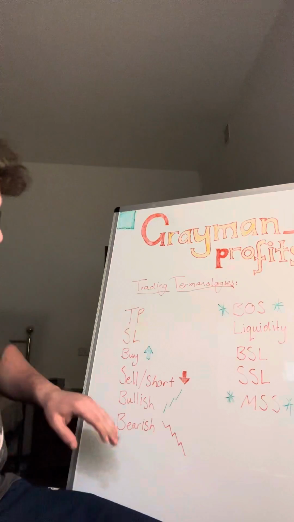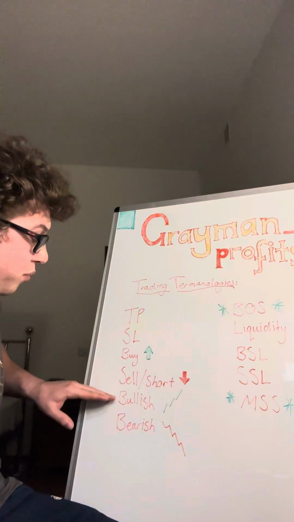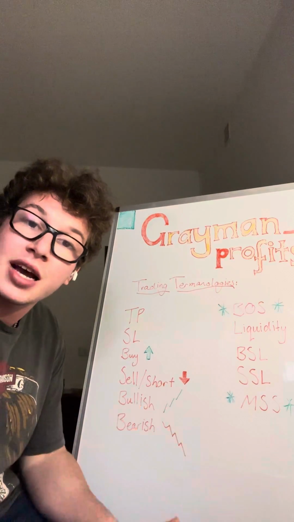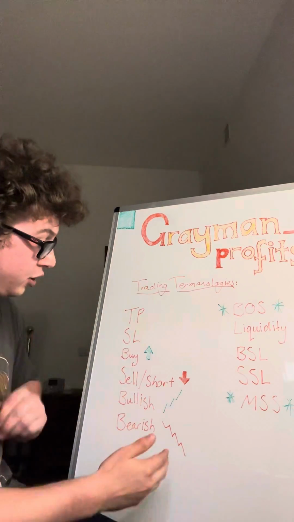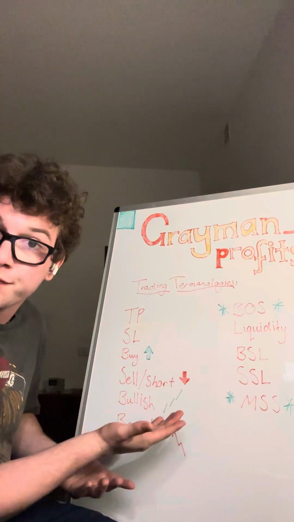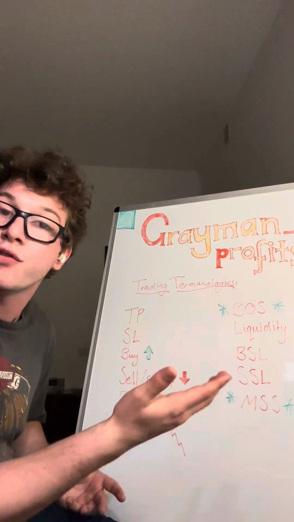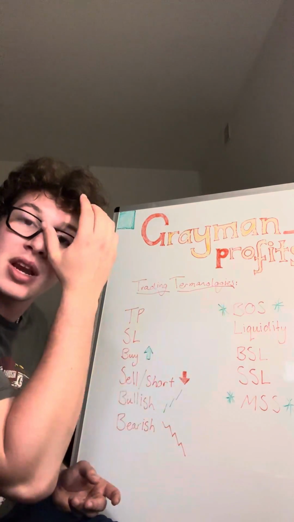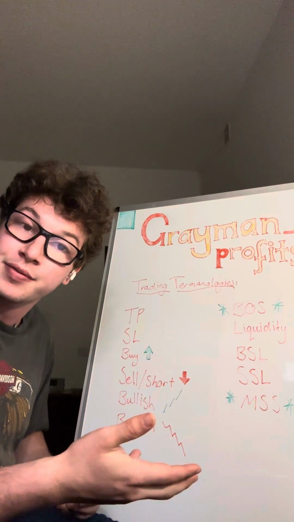Perfect. Additionally, bullish and bearish. These two are inverse. They mean the exact opposite of each other. Bullish, as I've shown in the graph, is when the market or the flow of money, whatever you're working with, is moving in an upwards direction, meaning that the price is accumulating.